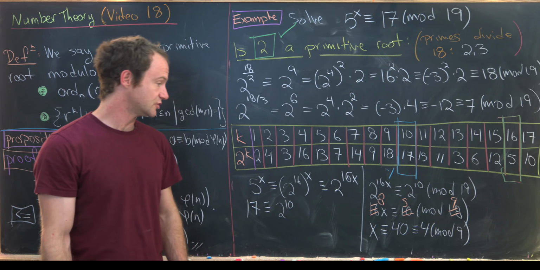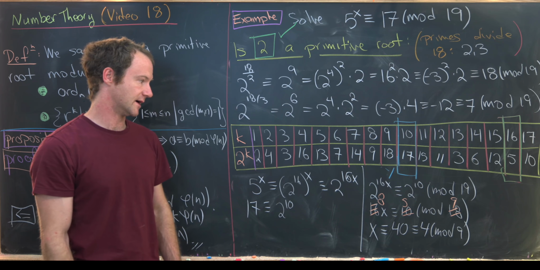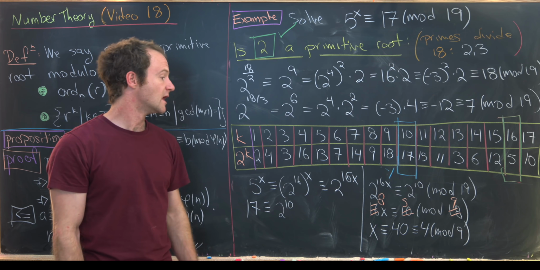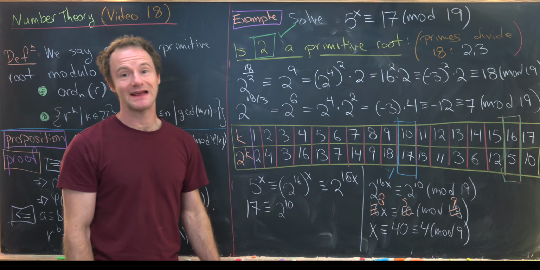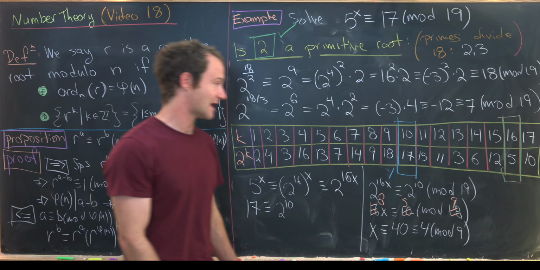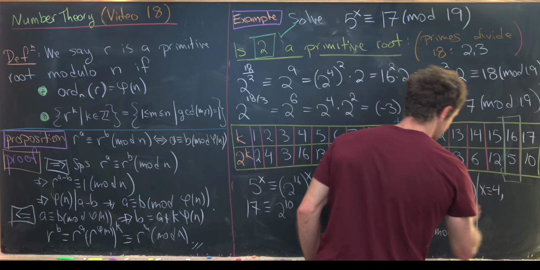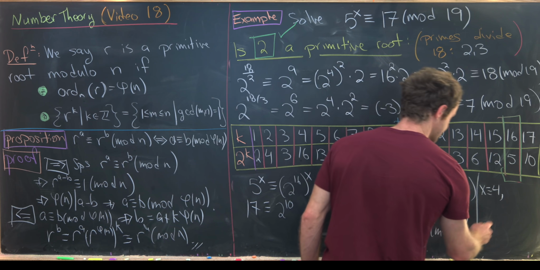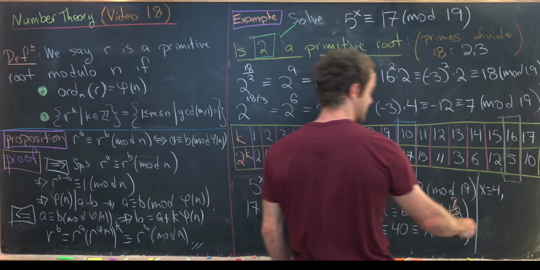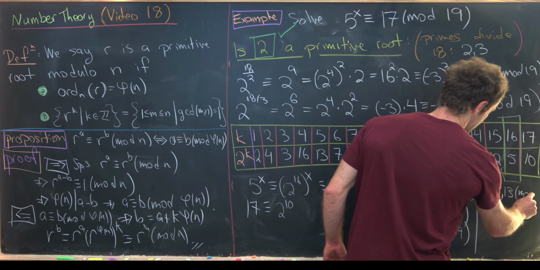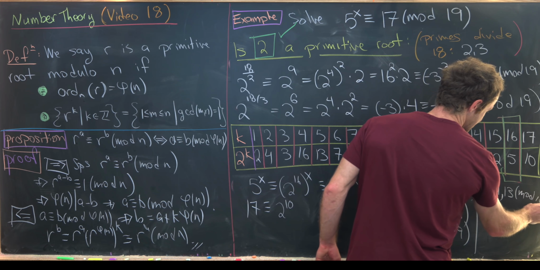So there we have a solution. x is 4 mod 9. But we got that solution from this simplification here. But our solution should be mod 18, not mod 9. So that means, in fact, we have two solutions. We have x is congruent to 4, or it is congruent to 4 plus 9, which is equal to 13 modulo 18.